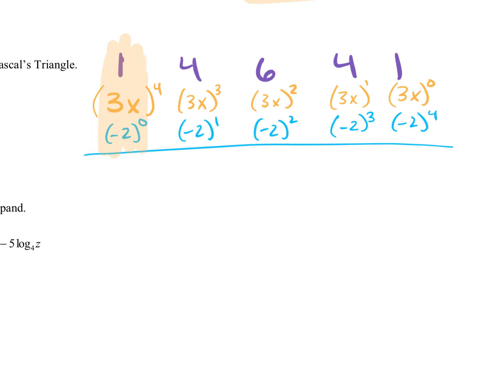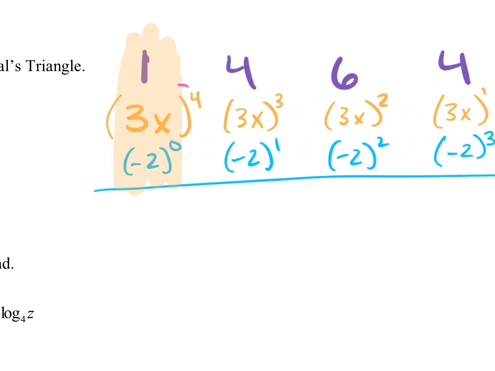So when we have 3x to the 4th power, it is 3 to the 4th power and x to the 4th power. So 3 to the 4th power would be 81x to the 4th power. So again, this was probably the most common mistake that people made on the Pascal's triangle question on the test. They forgot to distribute to the 3 and the x.